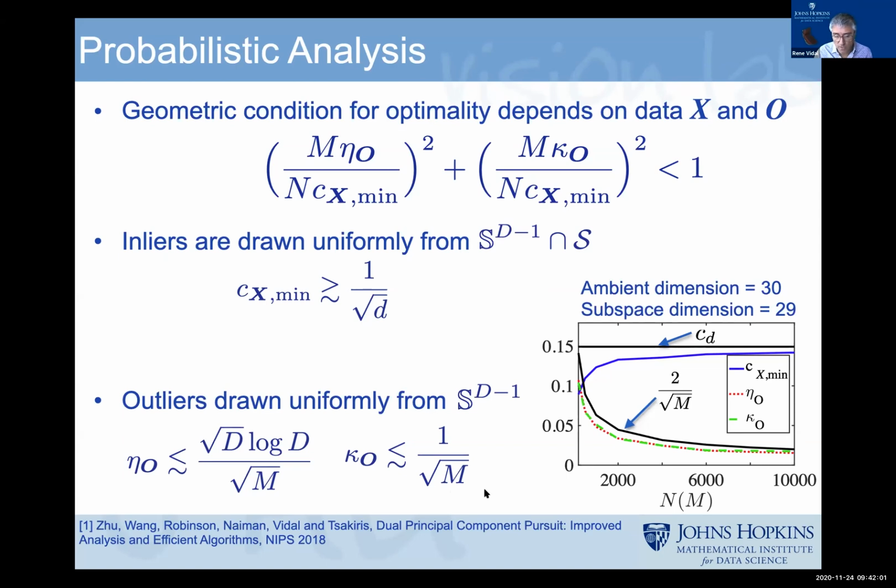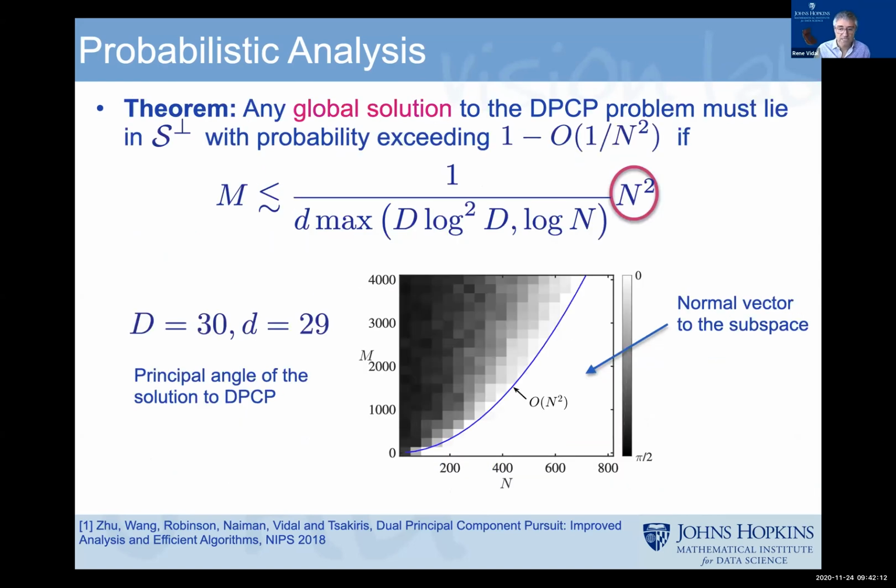Okay, so the beauty of this is that it allows us to get rid of these geometric quantities and substitute them by dimensions: the dimension of the subspace, the dimension of the ambient space, the number of inliers, and the number of outliers. That's exactly what this main theorem on the probabilistic analysis shows.